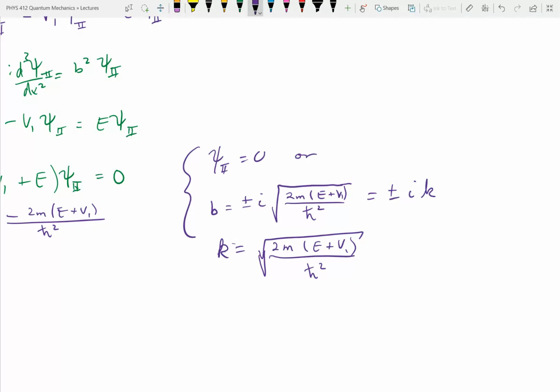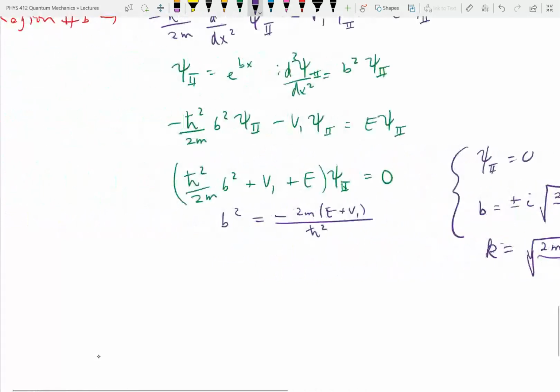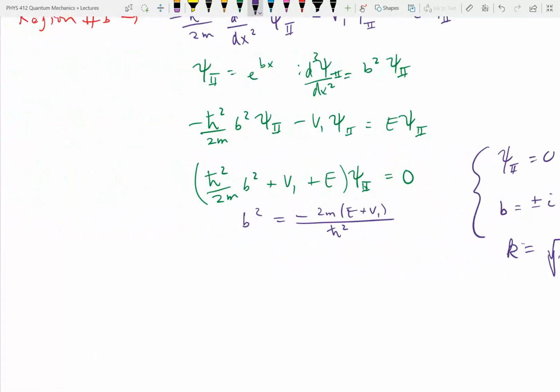So now we can write our equation as psi 2 is equal to cosine of kx plus sine kx. Okay, we can do that.